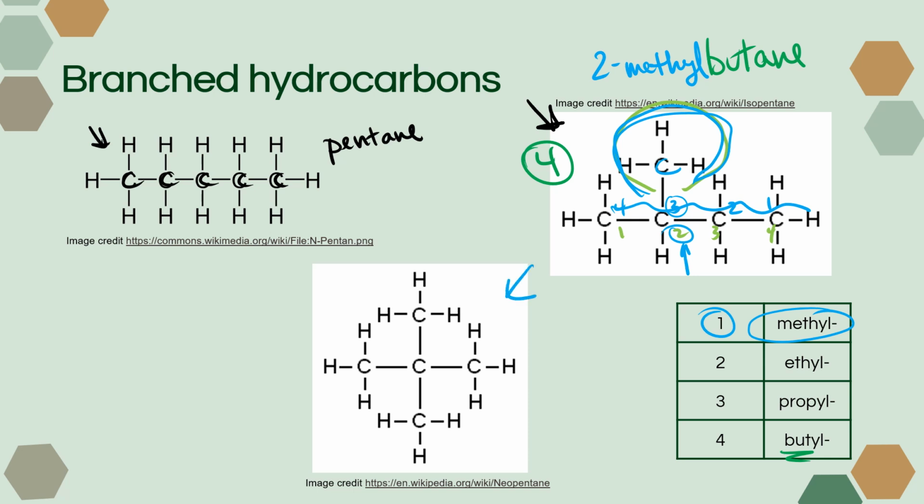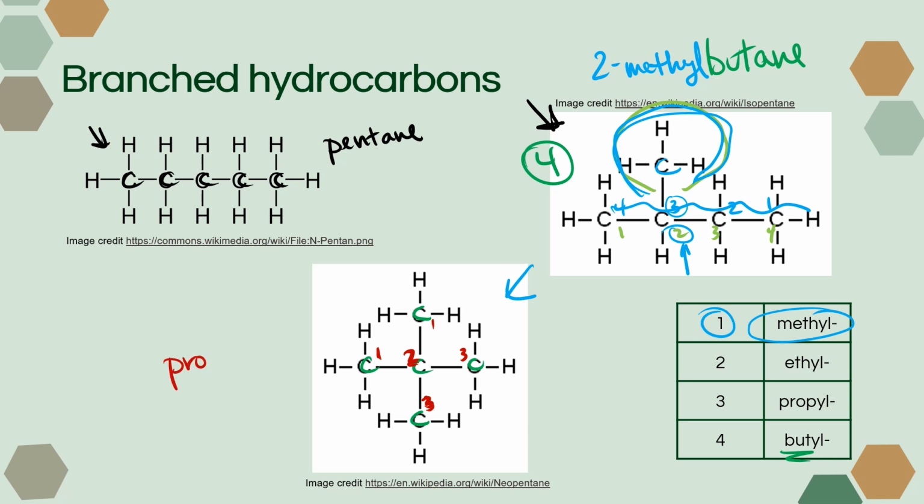What about this one? This one also has 1, 2, 3, 4, 5 carbons. However, my longest chain is going to be 1, 2, 3. Whichever way I count, I'm going to get 3 carbons in the longest continuous chain. So my parent chain or my principal chain is 1, 2, 3. That's meth, eth, prop.